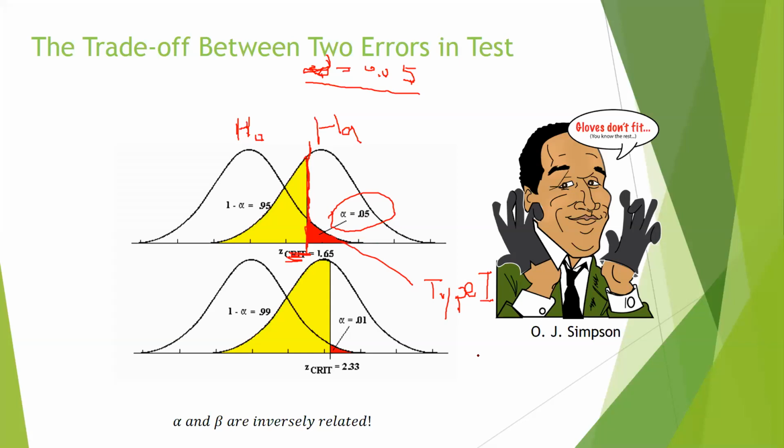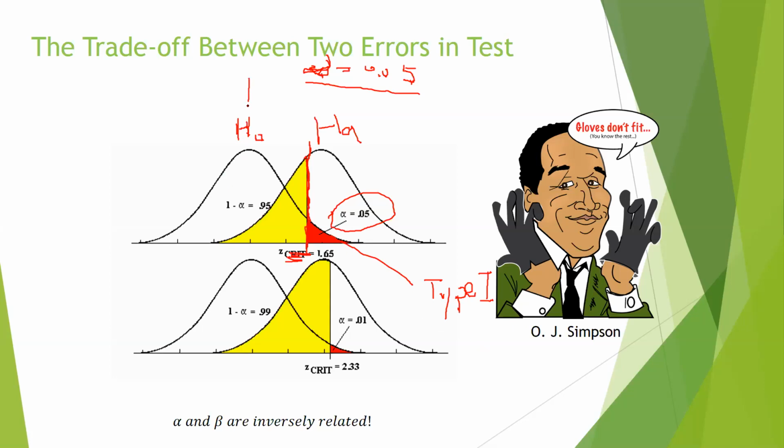Why do we treat this red area, the area under the curve beyond the cutoff under the null distribution, as the type 1 error? Is it because of the size of the area? Yes, this is the size, 0.05. So why do we call this area a type 1 error area?